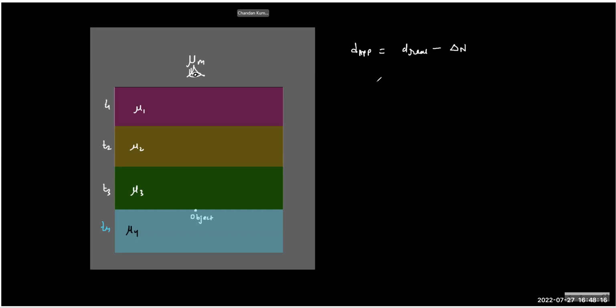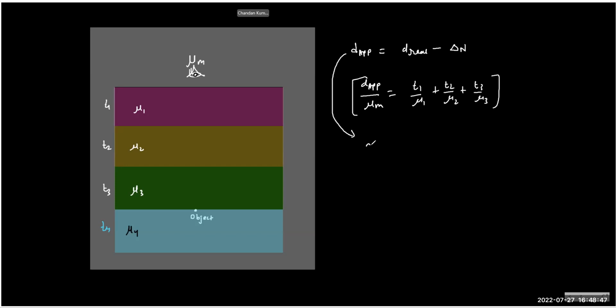And of course, we can also directly write the formula: the D apparent upon the mu of the observer is, as we will prove also, T1 by mu1 plus T2 by mu2. So this is the simple way of getting the answer. Let's try to get it from here.